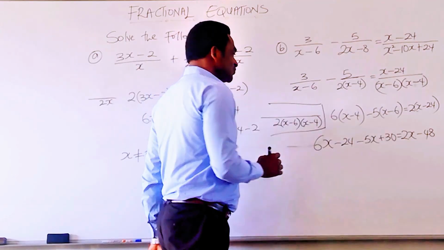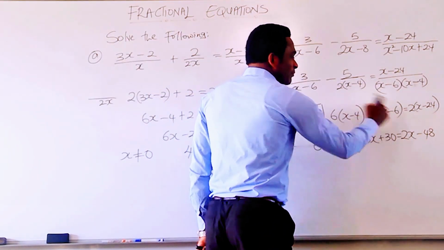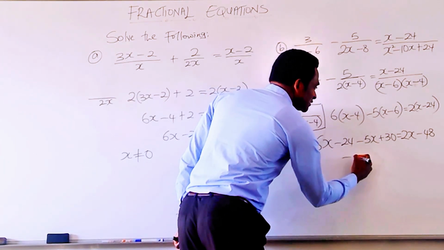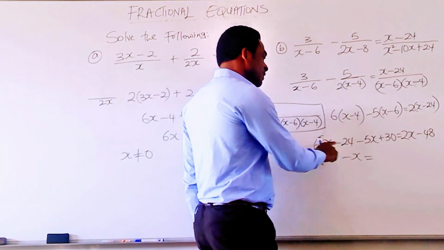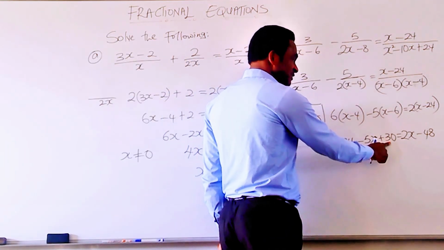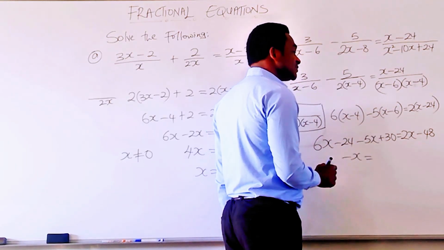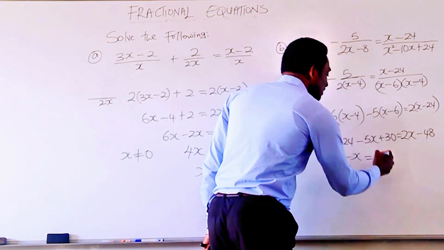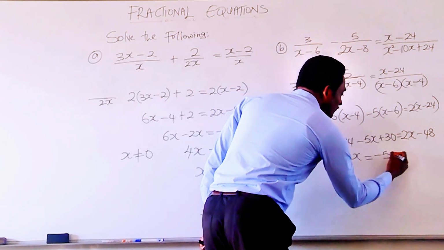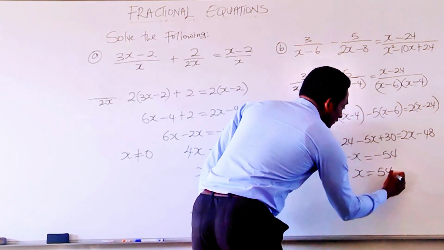If we collect items, we have 6x minus 5x is x, minus 2x is x minus 2x is minus x. Let's go on. Minus 24 plus 30 is 6. If we take 6 over, it becomes minus. So we have minus 48 minus 6 is minus 54. So the value of x in this case is 54.